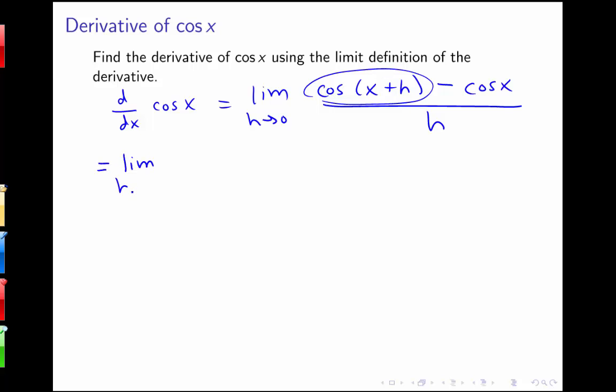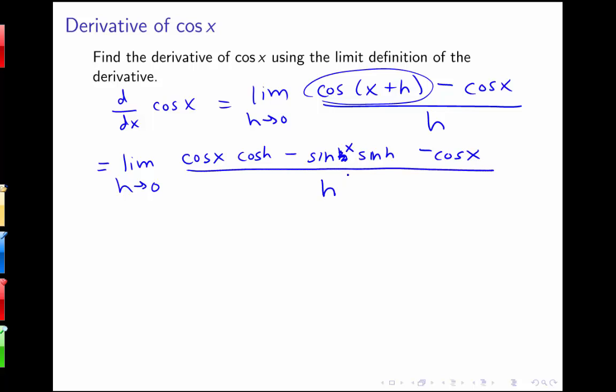So I have the limit as h goes to 0 of cosine x cosine h minus sine x sine h here, minus cosine x. So we're going to see that some of the techniques that we're going to use are going to be similar to what we did before. So this is a chance to just see how this process works again.